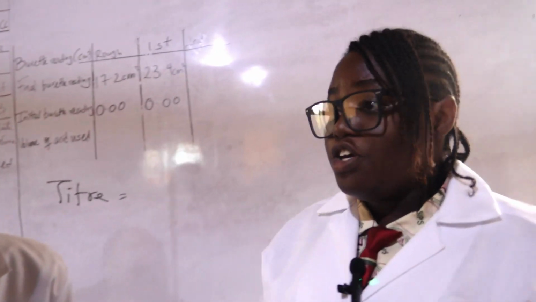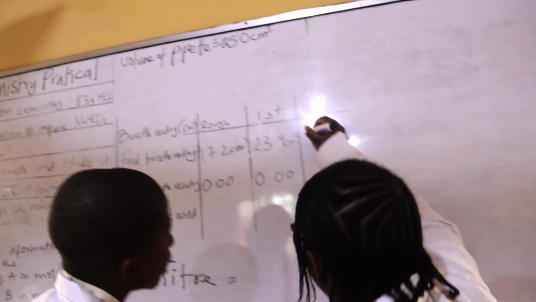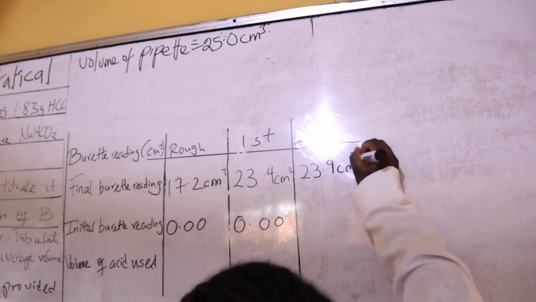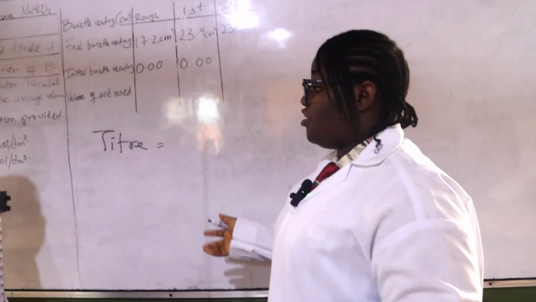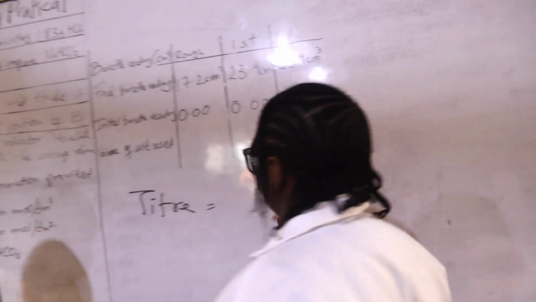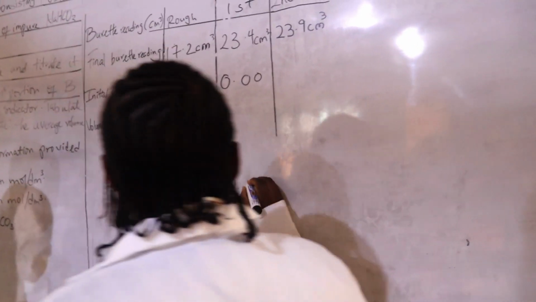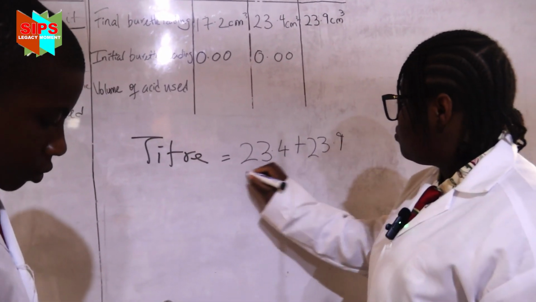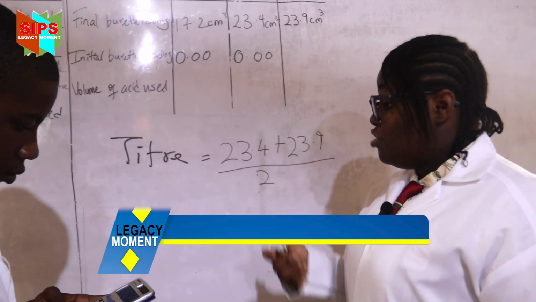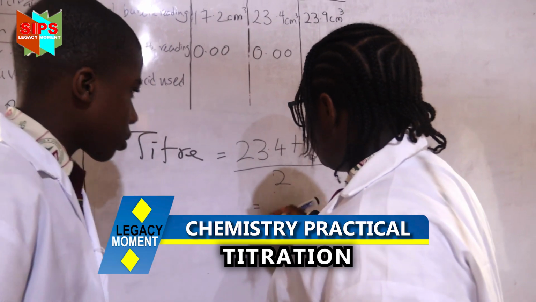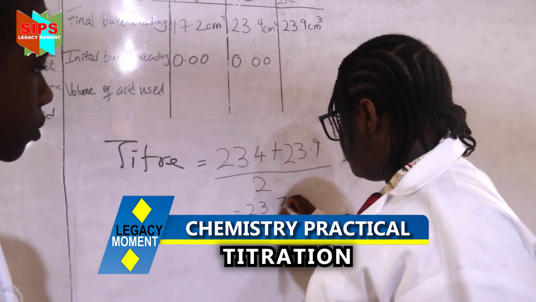Now the color change has been observed and we attained a value of 23. Now to get our titration value, we add the two readings and divide by 2. So therefore, our titration is equal to 23.7 centimeters.